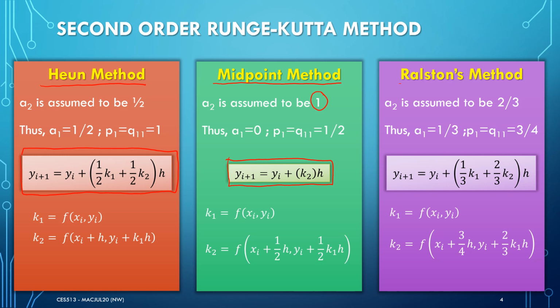The last one is Ralston's method, where a2 is assumed to be 2/3, from which a1 equals 1/3 and p1 equals q11 equals 3/4. These constants bring the general form to y_{i+1} equal to y_i plus, in bracket, 1/3 of k1 plus 2/3 of k2, multiplied by h.